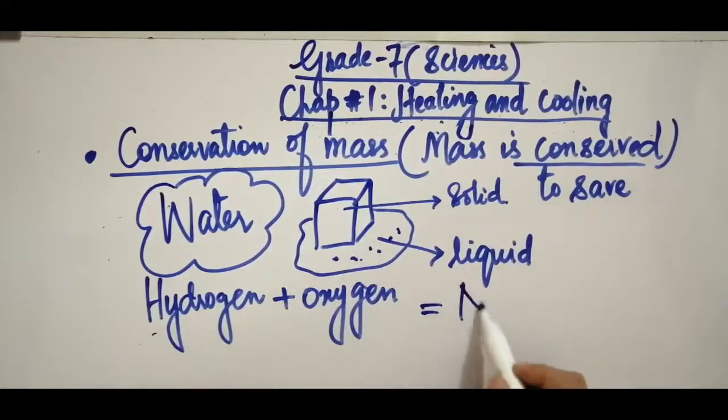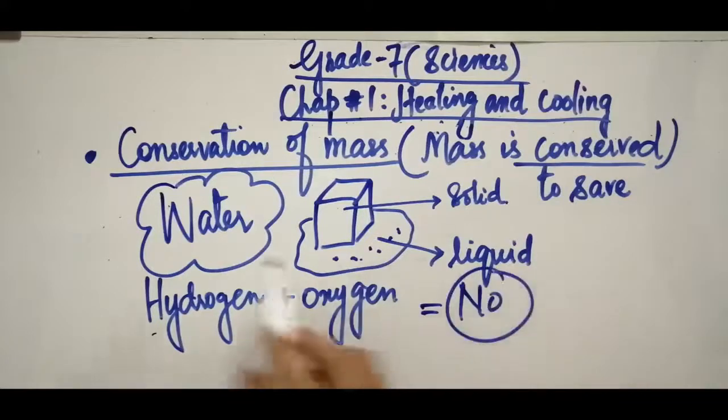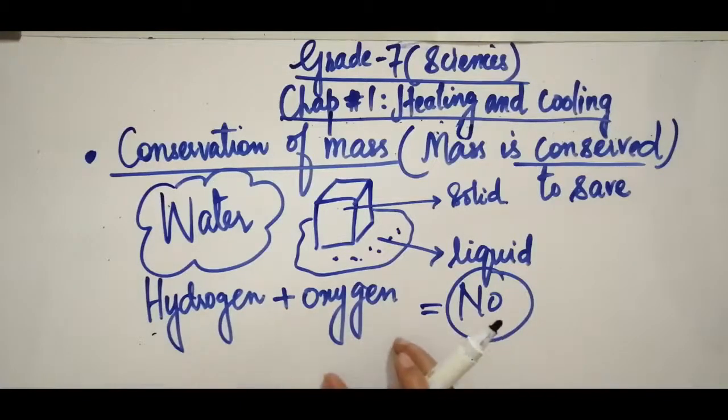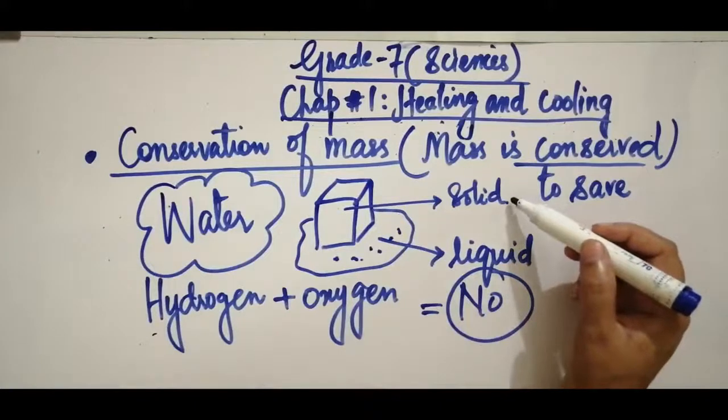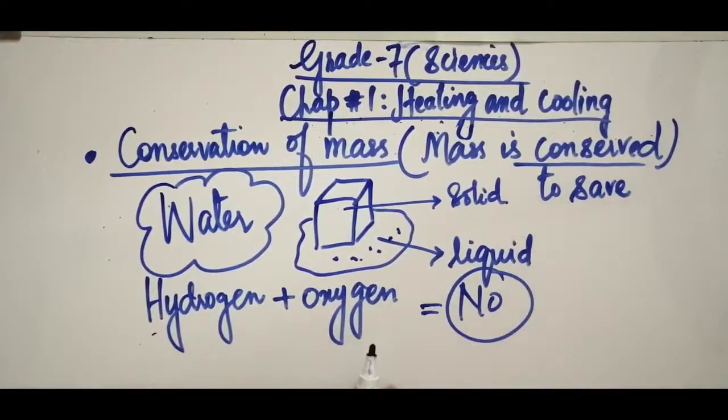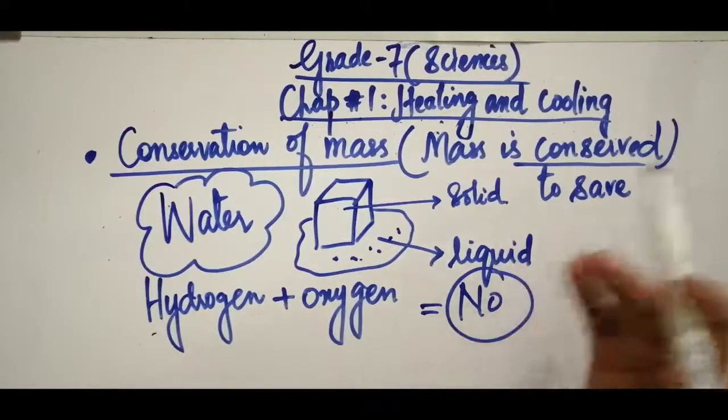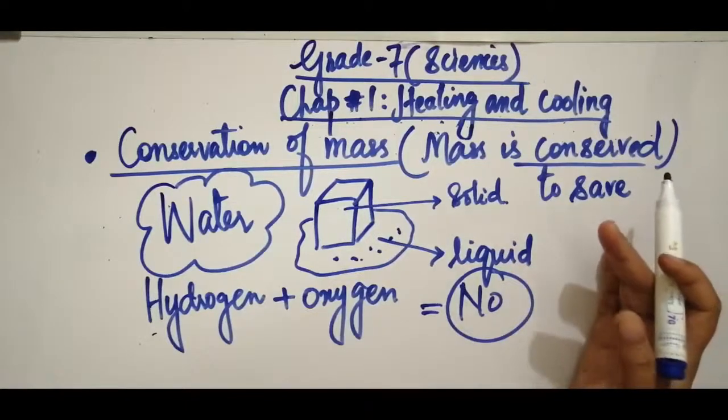The answer is no. Water will remain water, with the same composition. Water will never change its composition, that it is made up of hydrogen and oxygen. It doesn't mean that in the solid state it is composed of hydrogen and oxygen, but in liquid it becomes something else. No, that can't happen.